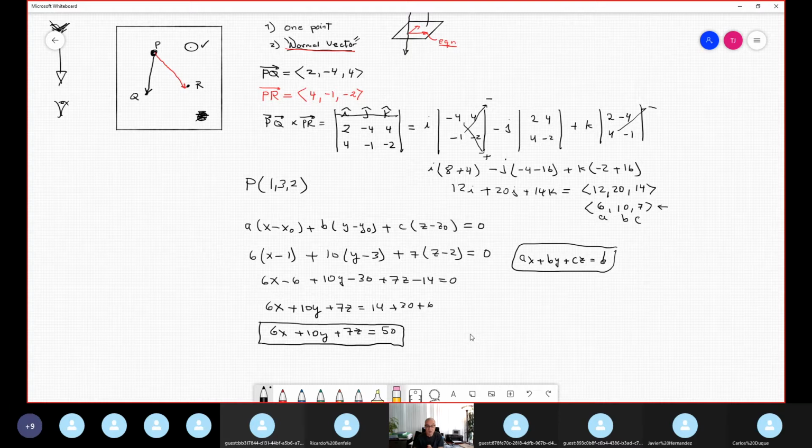Okay, to summarize: to find the equation of a plane, we need 1 point. We have 3 points, enough, and 1 normal vector. How do you find the normal vector? You find the vectors between 2 points, the formula that we studied the first day.